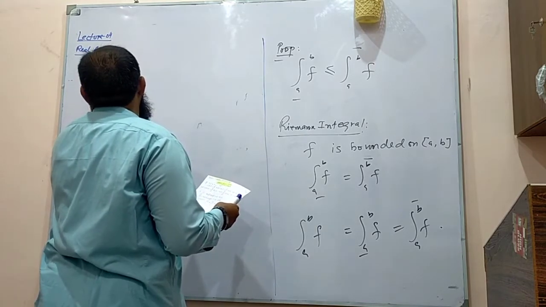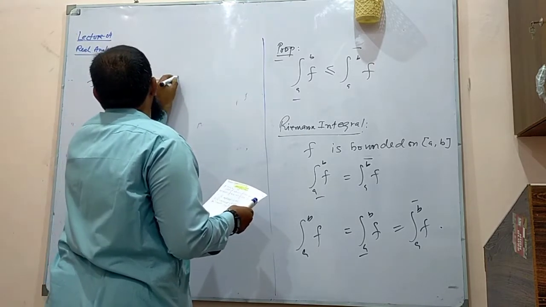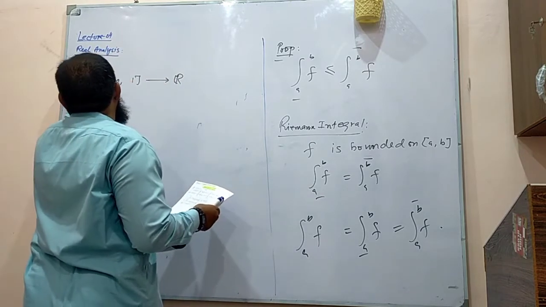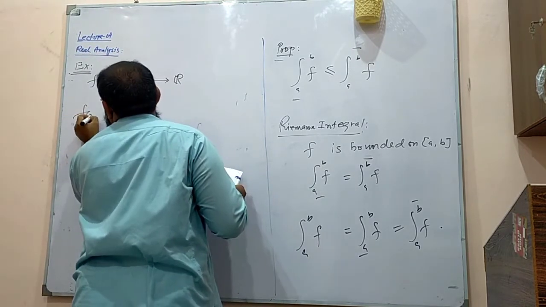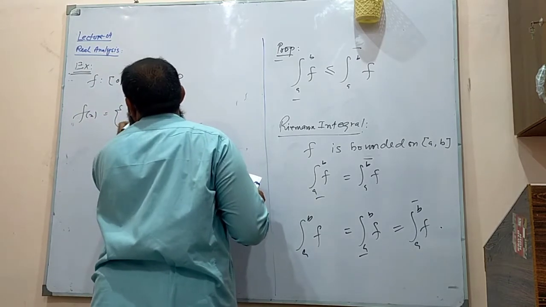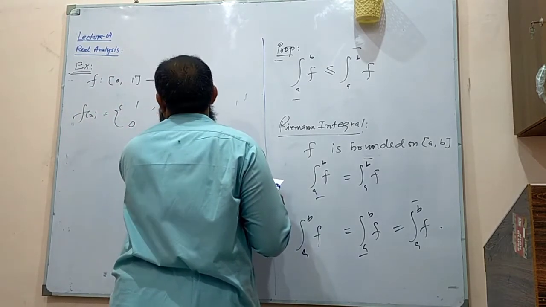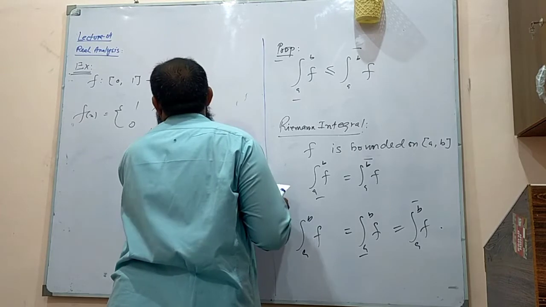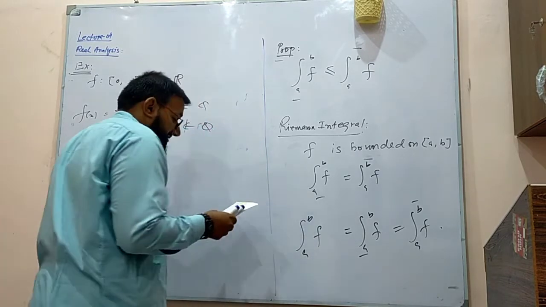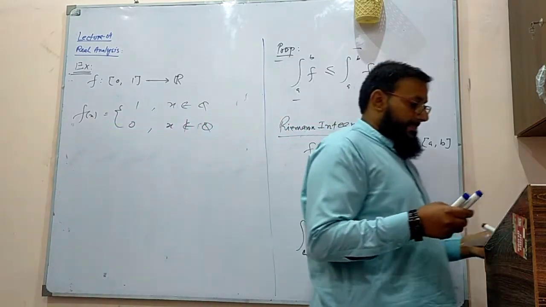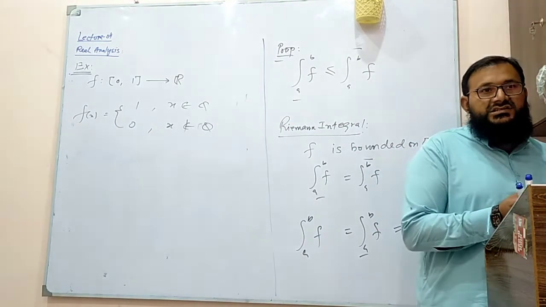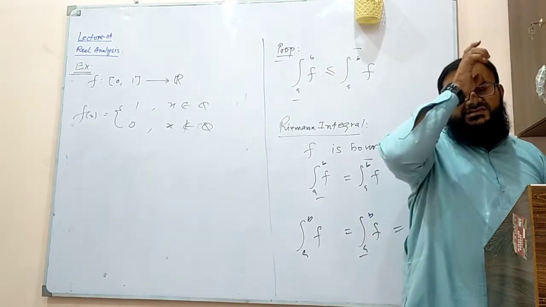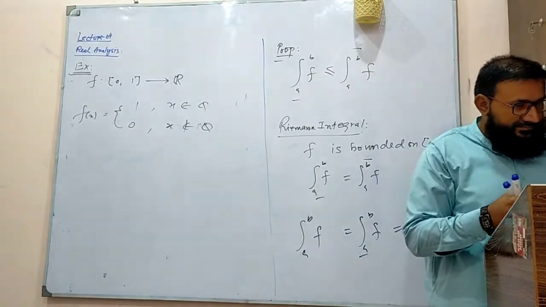The function is from [0, 1] to R, and it is defined in this way. It is equal to 1 when x is a rational number, and 0 when x is not a rational number. Can we integrate this function in the sense of the Riemann integral?